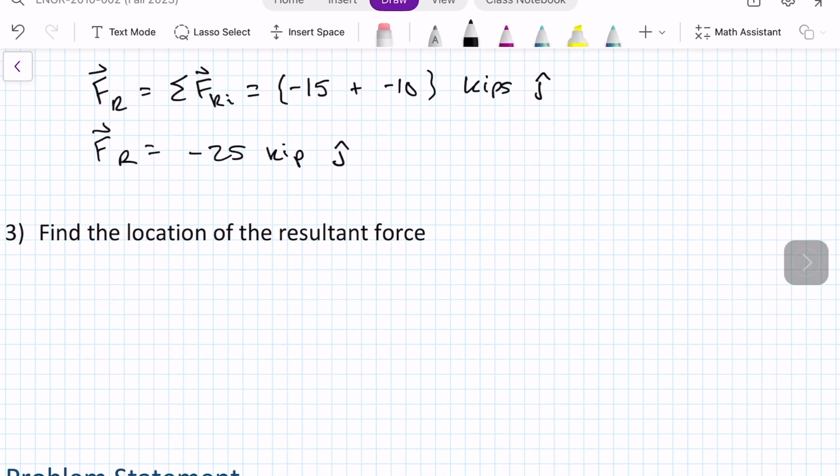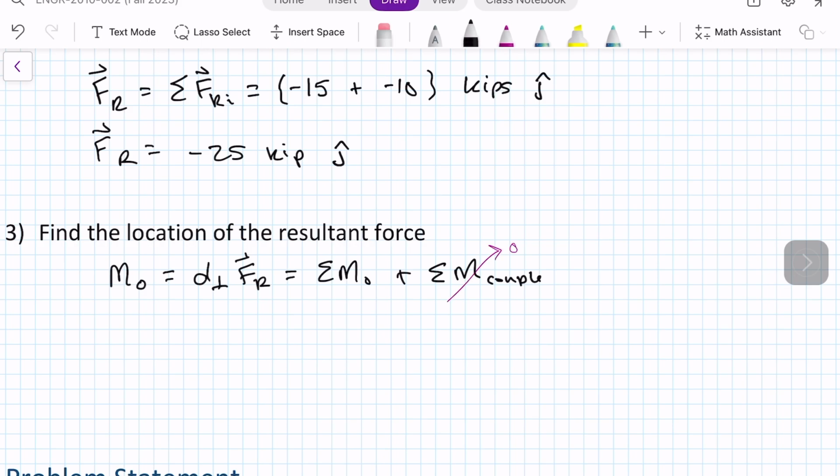So the next part is to find the location of this resultant force. Here we can use our moment equation. So we have the moment about some point O is equal to the moment arm, the perpendicular distance, to the resultant force. This is also equal to the sum of the moments of each force individually about point O, plus whatever couple moments we have, which we don't have any in this problem, so this just goes to 0.